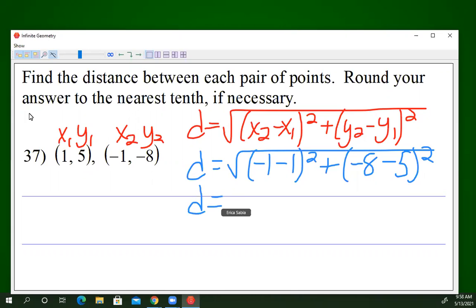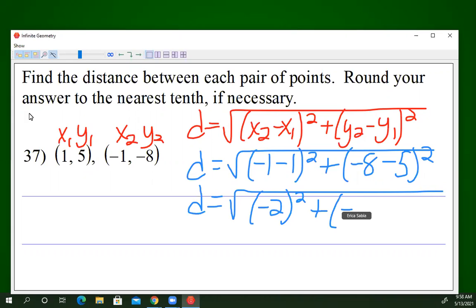Now you just have to evaluate correctly. -1 minus 1, be careful, that is -2. -8 minus 5, again, both negative, so it's going to stay negative. That's a -13. Now you're on the magic step. Once you square this, everything should be positive.